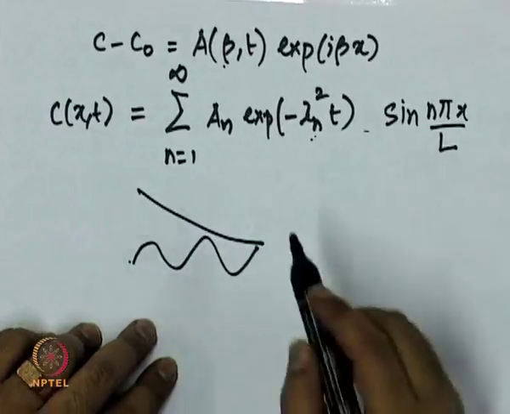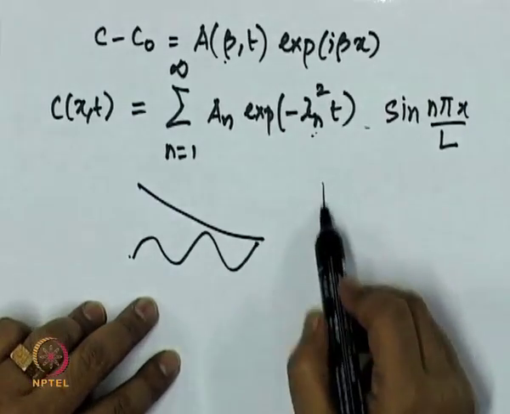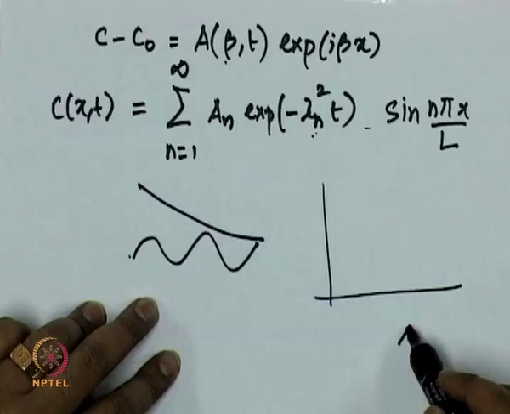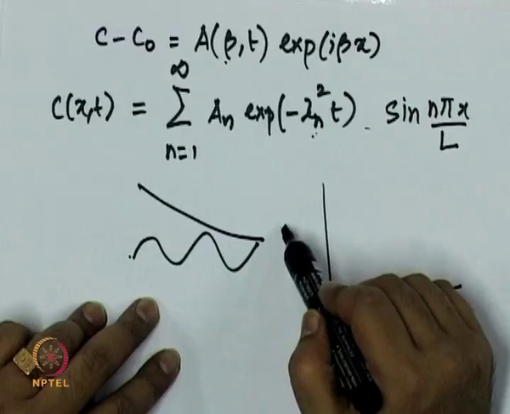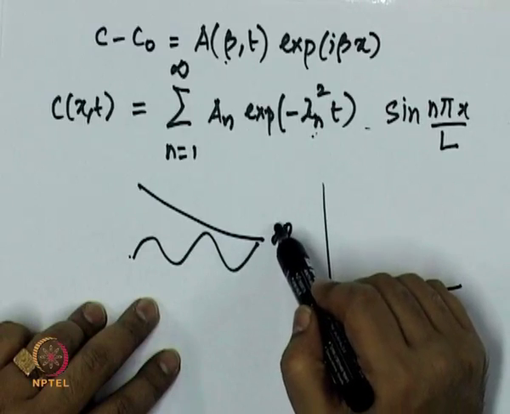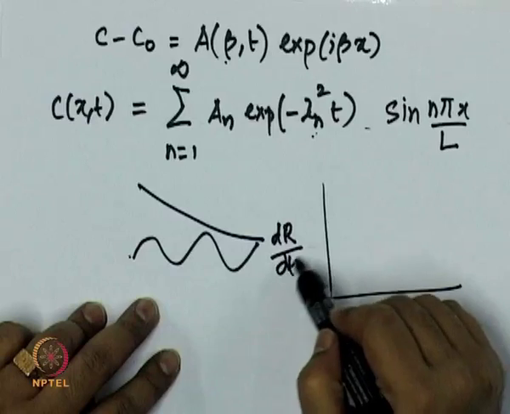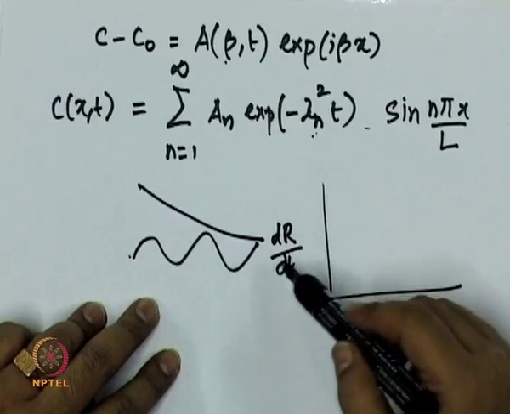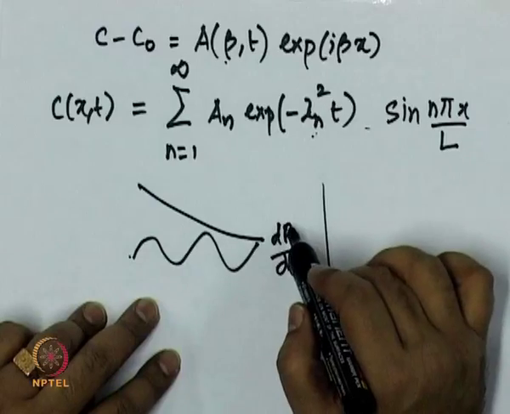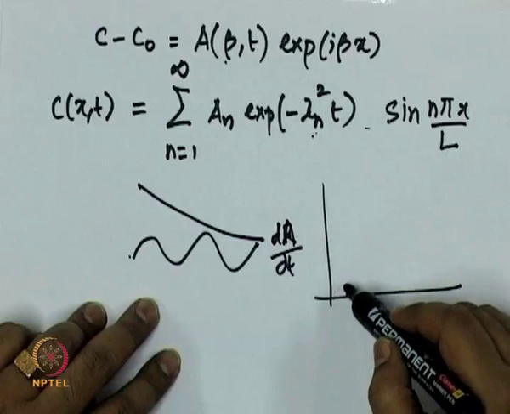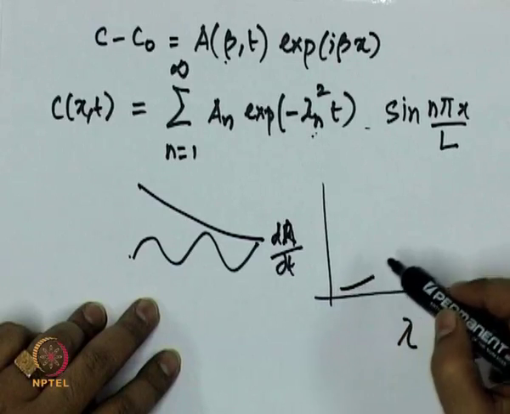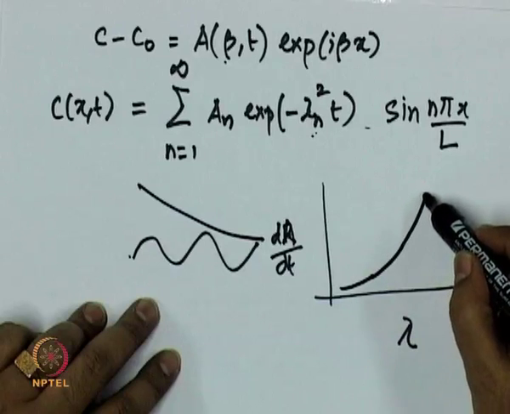This is what we actually plotted when we did this, and we tried to show what happens to the r as we defined, dr by dt as a function of time, how this changes. We called it dA by dt, and it depended on some r, and that actually grew exponentially, right.